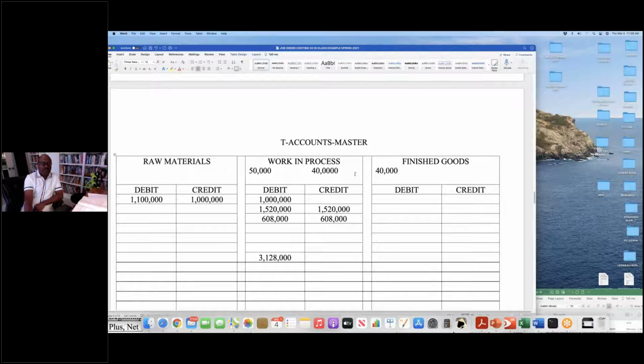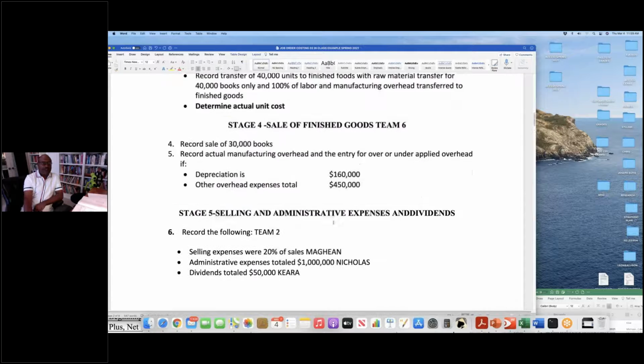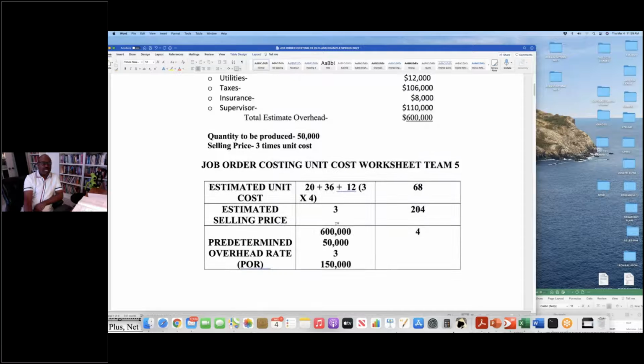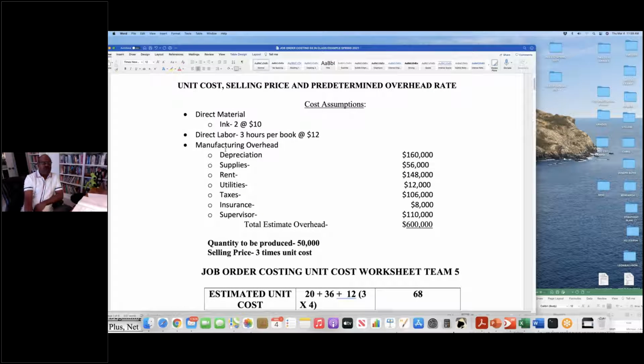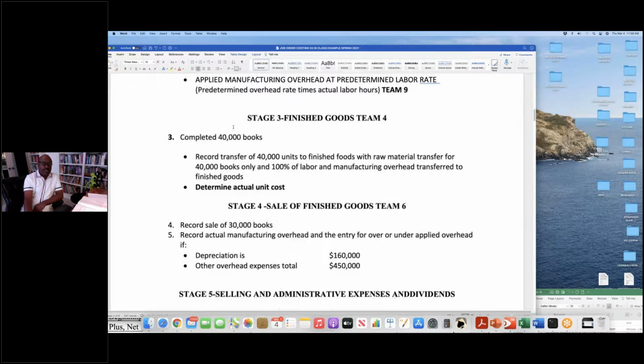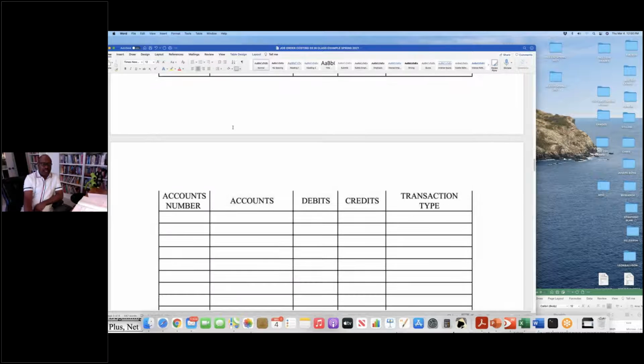And how many ink cartridges were we using? Well, we only used 40,000 of them. How many were used or how many were bought? We're using 2 ink cartridges, right? Yeah, at $10 for 2, for each completed book.